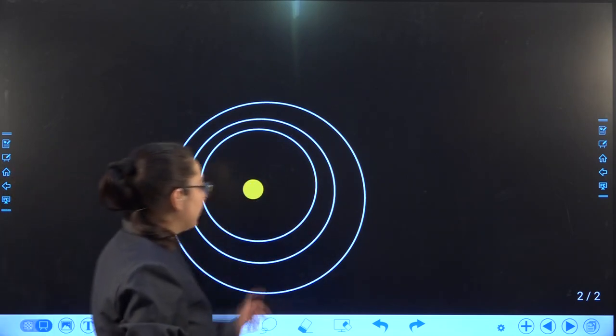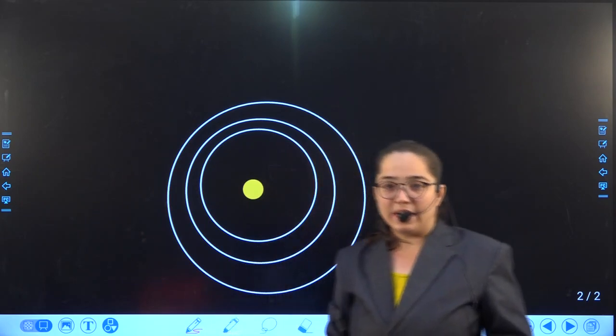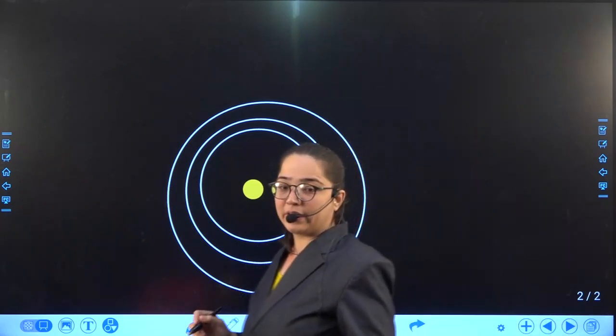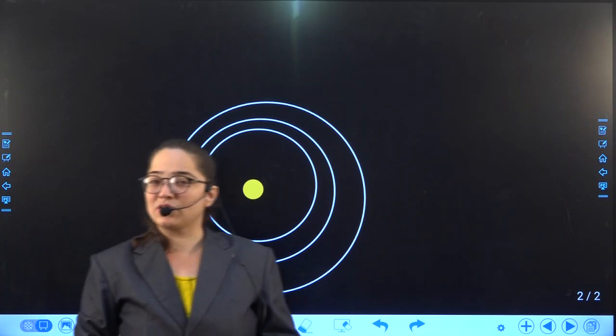There is a nucleus, and then there are the shells, and in these shells the electrons are rotating. This is how the complete atomic structure is.